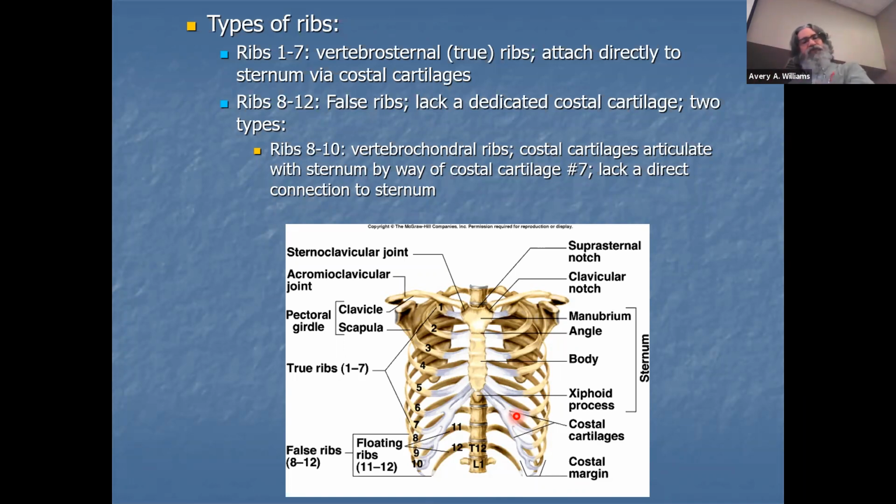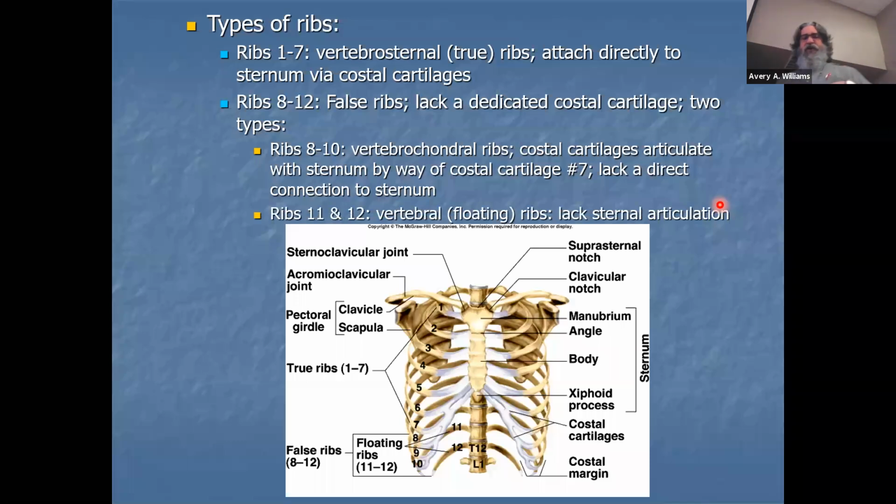So you go from vertebral sternal to vertebral chondral. So there you go, vertebral chondral ribs, or ribs 8 through 10. They don't have a direct connection to the sternum. They connect indirectly by way of costal cartilage number 7. Does that make sense?